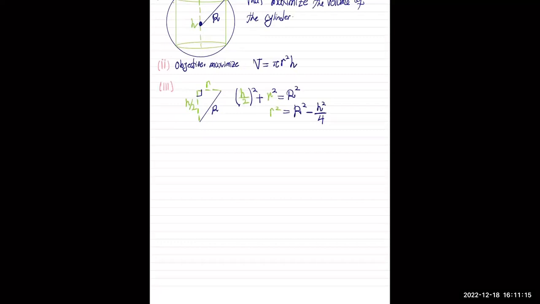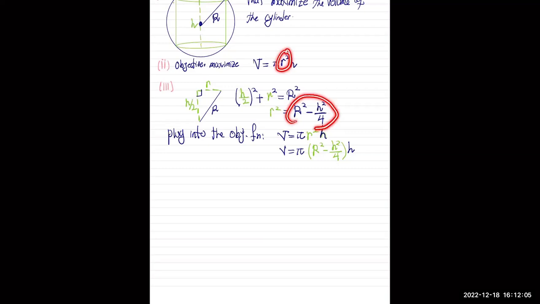Now we're going to plug this into the objective function, which is V equal to pi little r squared times H, to get V equal to pi times capital R squared minus H squared over 4, times H. What I did is take this r squared and replace it with this.